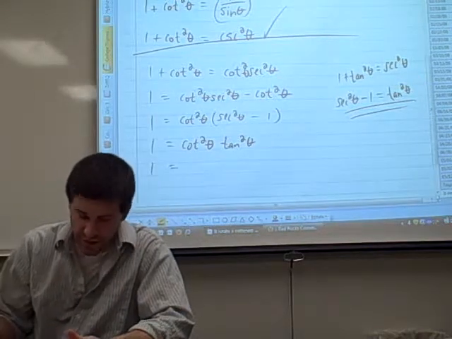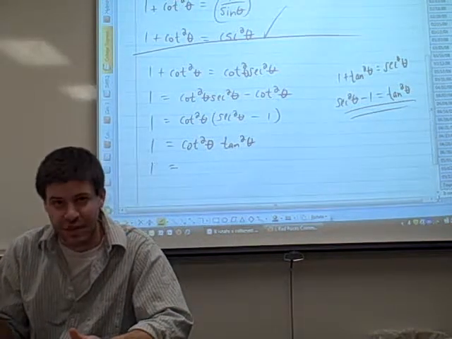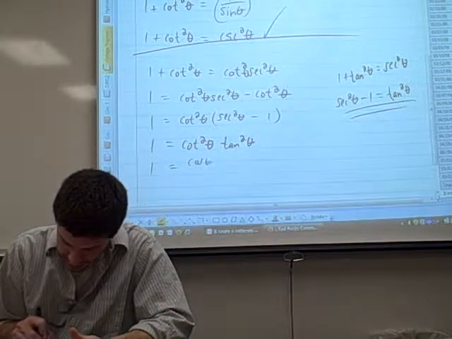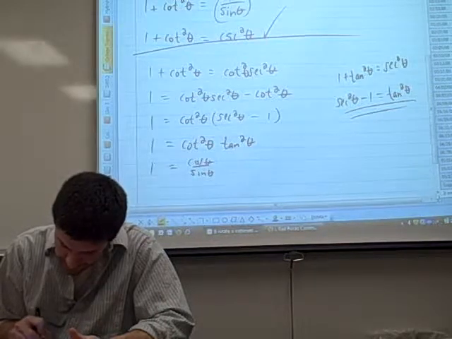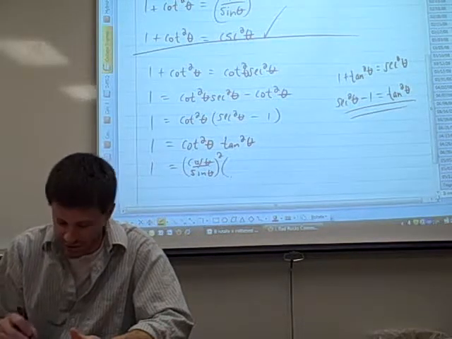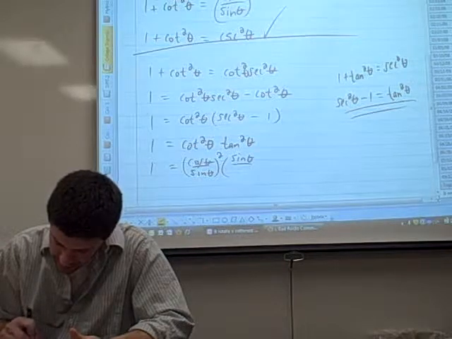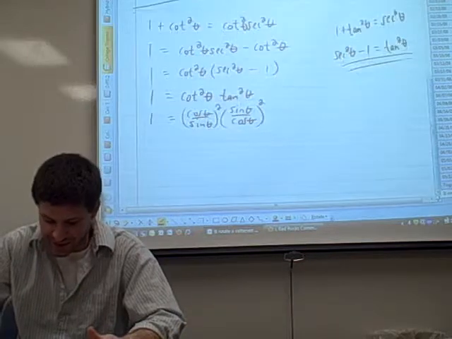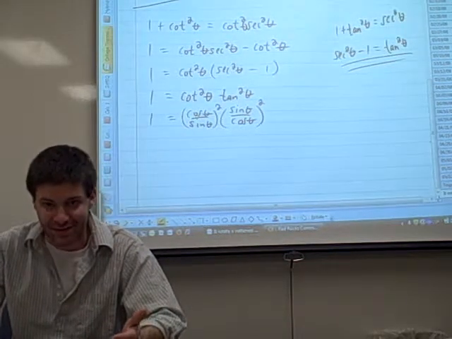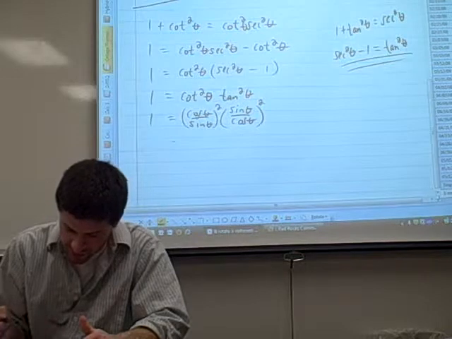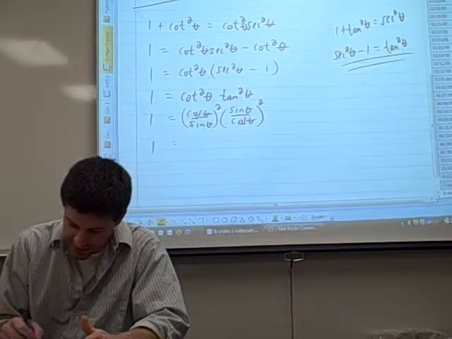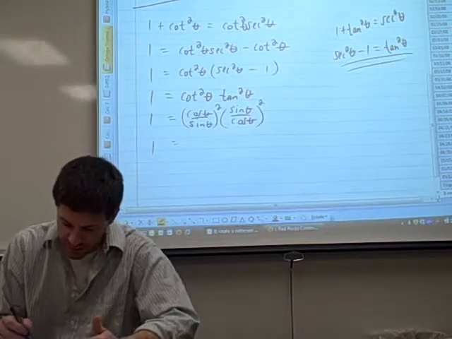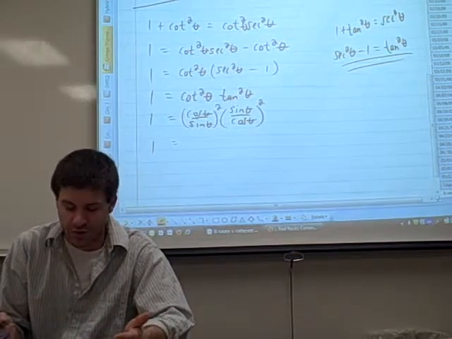If you don't, then all you have to do is write this thing out in terms of sine and cosine. Cotangent is cosine over sine. That whole thing is squared. Tangent is sine over cosine. And that whole thing is squared. Now again, you might notice right off the bat that these things just cancel. If you don't, the reason that they cancel is because you can distribute that square through the parentheses because you have division and multiplication and no addition and subtraction.